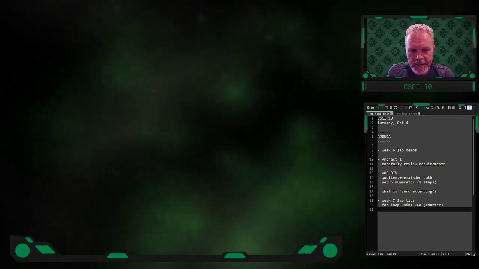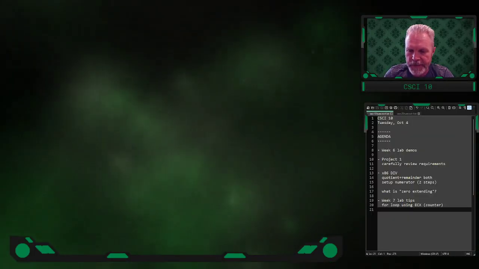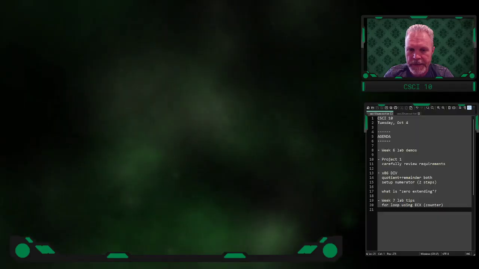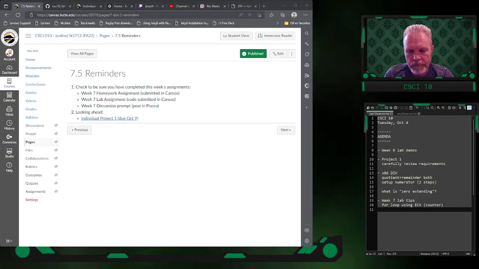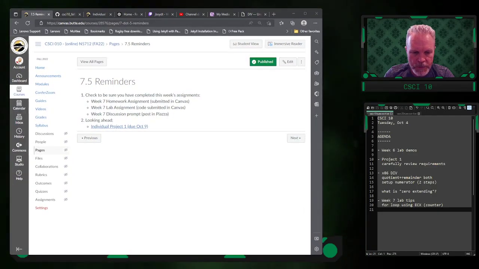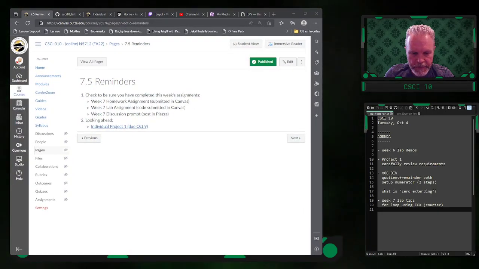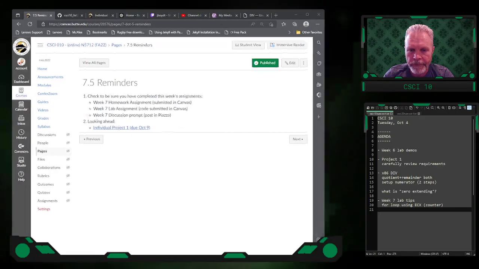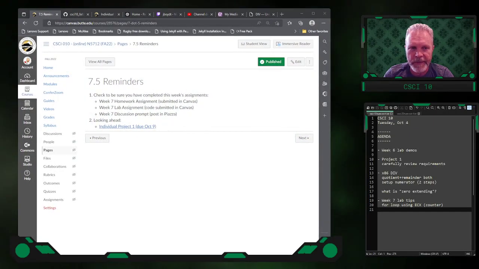For some reason, the browser fell off of my display that you can see. And then I need to move it. There we go. Goodness. Sorry about that. Okay, so now we're back.